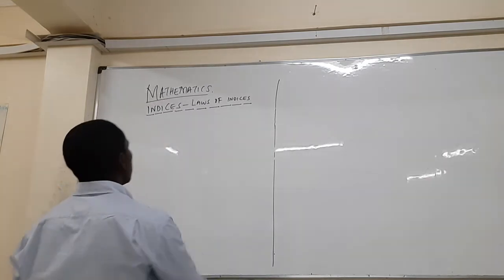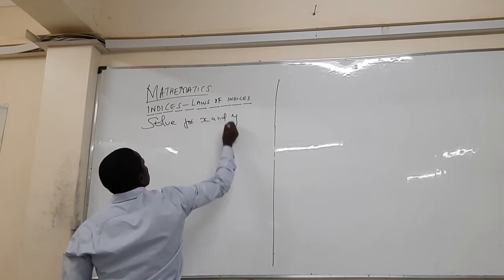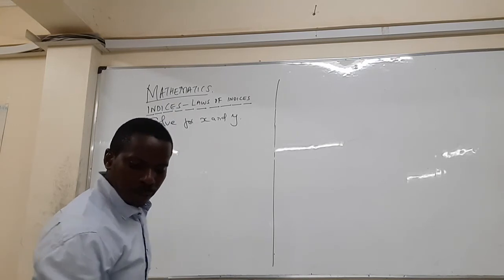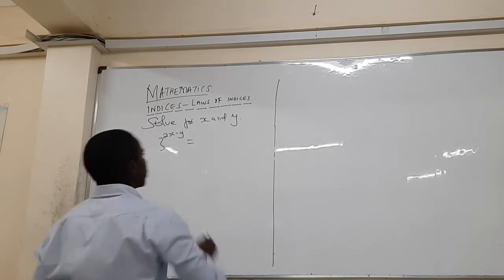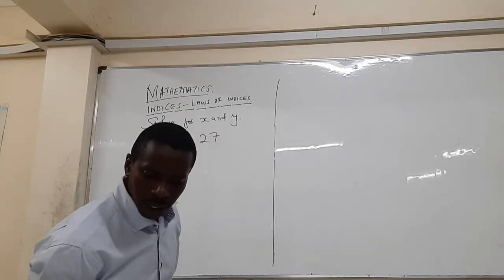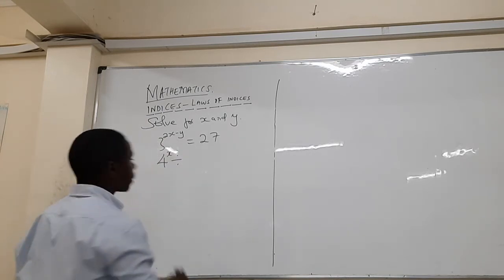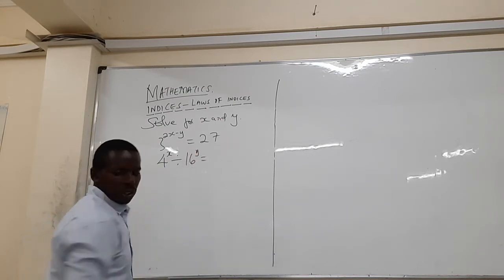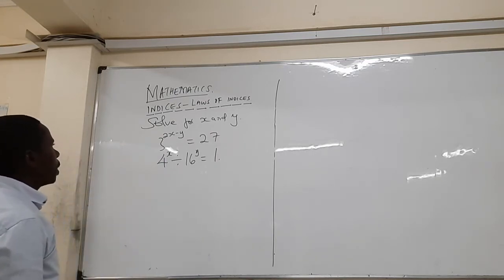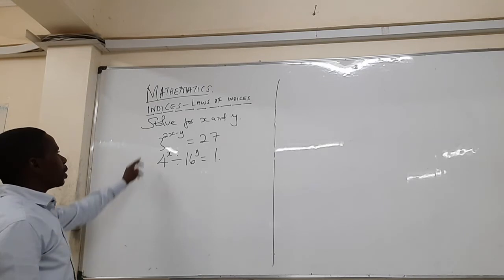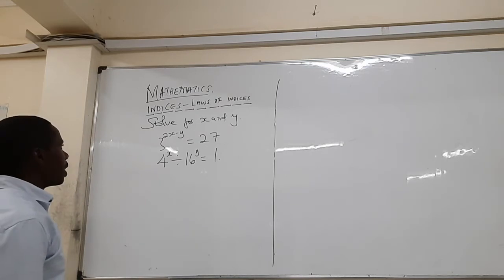You have to solve for x and y. 3 power 2x minus y is equal to 27, and 4 power x divided by 16 power y is equal to 1. So in the first equation we have 3 power 2x minus y is equal to 27.